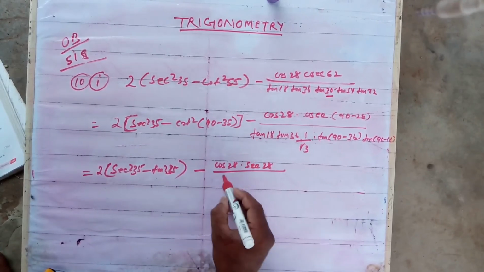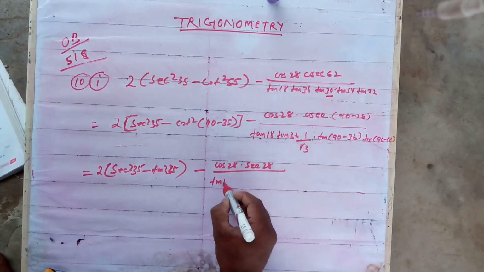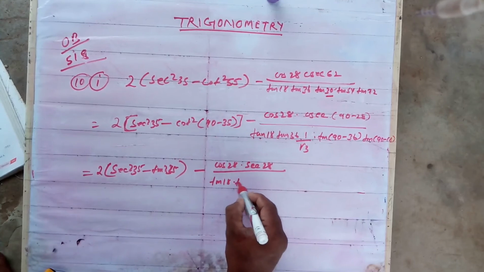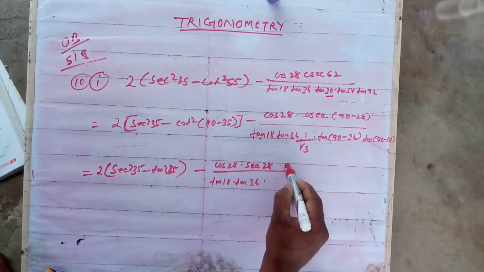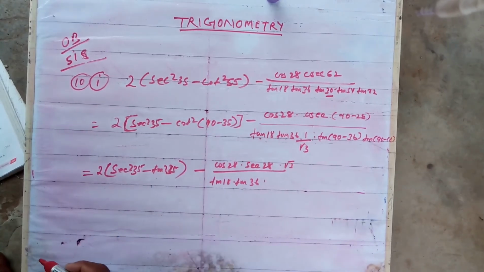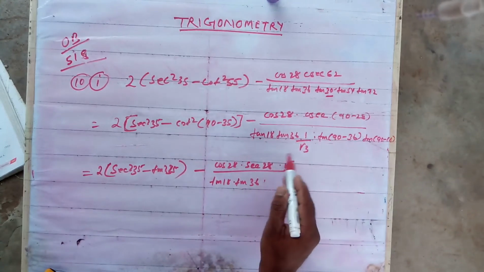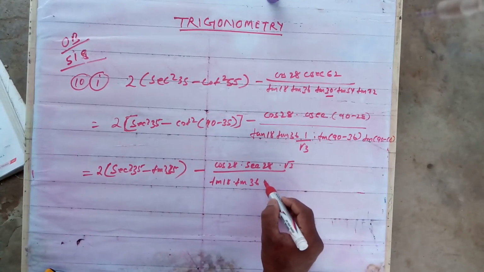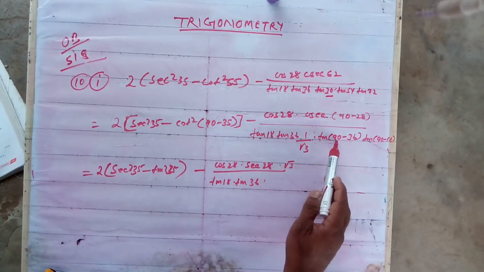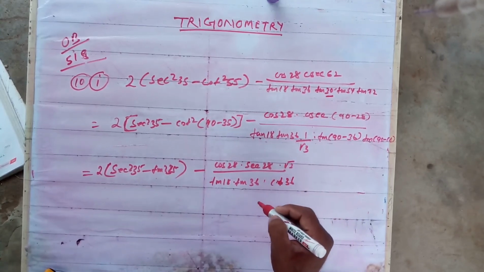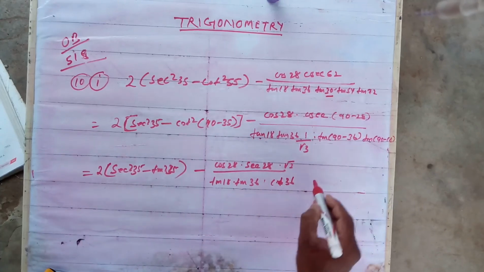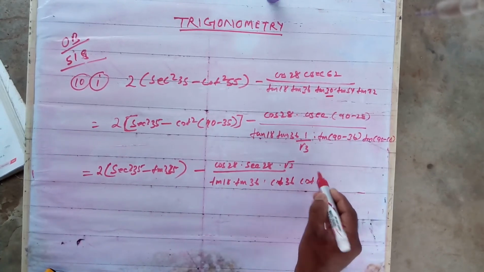Now tan 18 as usual, tan 18, tan 36 also no change. 1 by root 3 is there, root 3 I can take out, as all are in multiplication form. Now tan 90 minus 36 is cot 36. Similarly tan 90 minus 18 is cot 18.